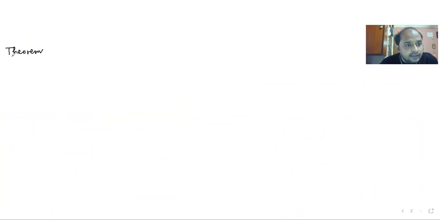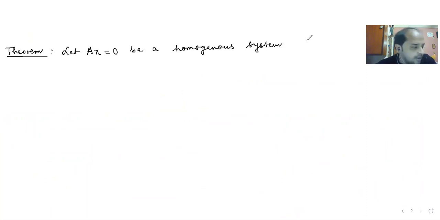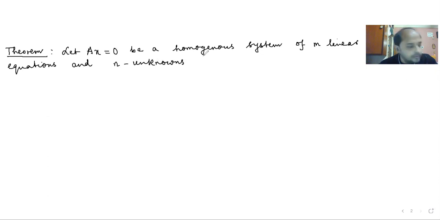So anyways, let's write the theorem, and the theorem says: let Ax is equal to 0 be a homogeneous system of m linear equations and small n unknowns over a field capital F. That means since we are considering a matrix capital A, the elements of the matrix are chosen from the field capital F. And also, whenever you are going to find the value for x, x is a column vector, so it's also a kind of matrix, a column matrix.